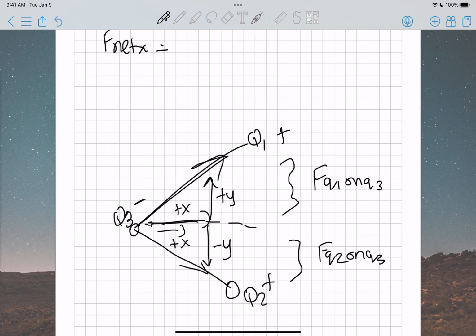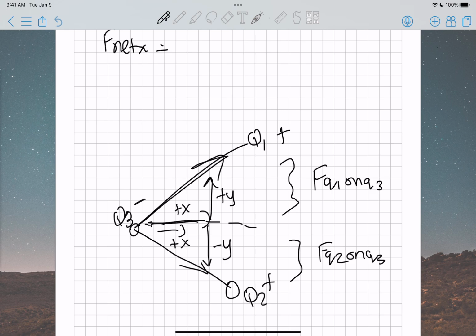So we see here that Q1 on Q3 has a positive y-axis component, a negative y-axis component for Q2 on Q3, and positive x for Q1 on Q3, and positive x as well for Q2 on Q3, right?